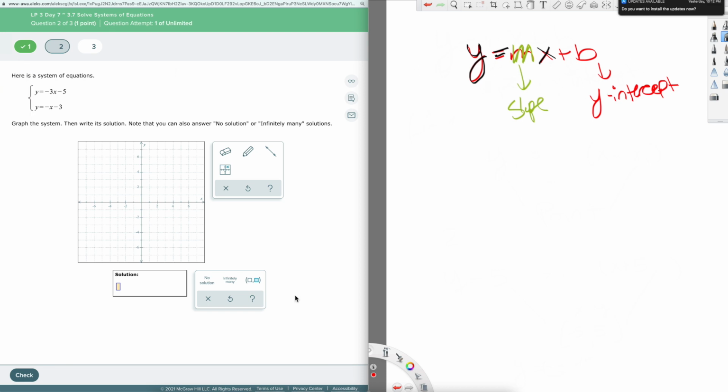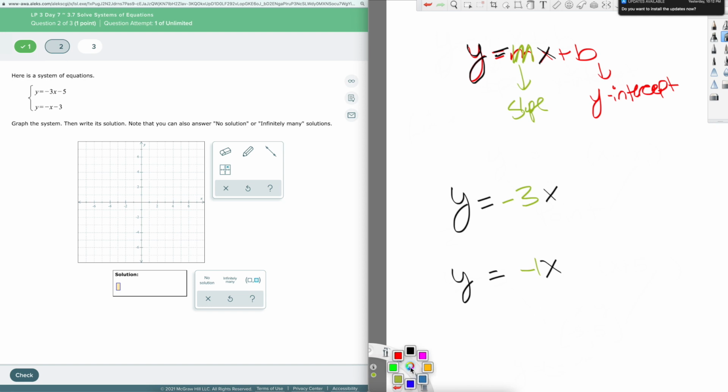So let's go ahead and take a look at these two equations we have. We have y equals -3x minus 5 and y equals -x minus 3. So I'm color coding it again because I like my color coding. So it's -3 for that first one, -x for the second one. And remember, that means -1. When I don't see a number there, it means it's a 1.